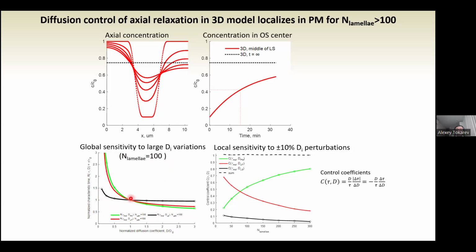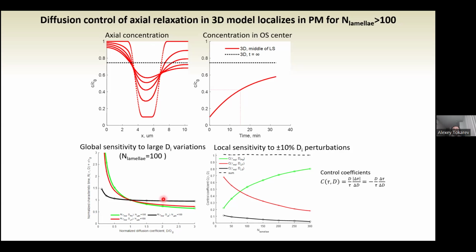But we can perturb them plus or minus 10% in this region and see the slope of these lines, and it will tell us the sensitivity of the system to these parameters in the normal range of parameters.